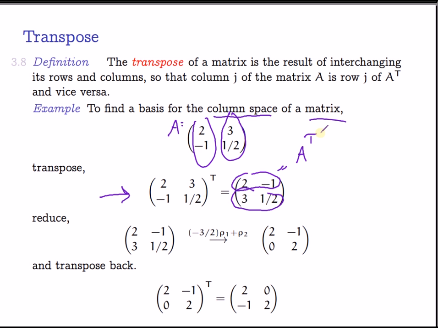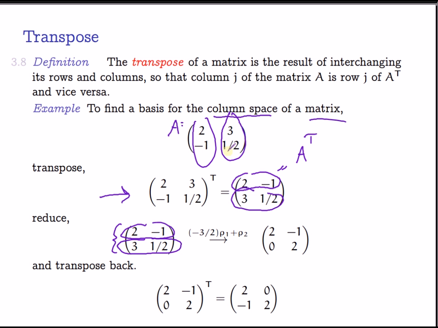Now, if I reduce the transposed matrix, I'll get a set of vectors which I know has the same span as the set of rows here. So (2, minus 1) and (0, 2) have the same span as (2, minus 1) and (3, 1/2). But these rows here are exactly the columns of my original matrix.